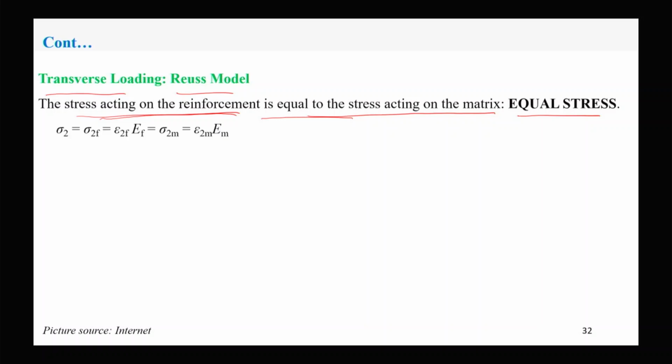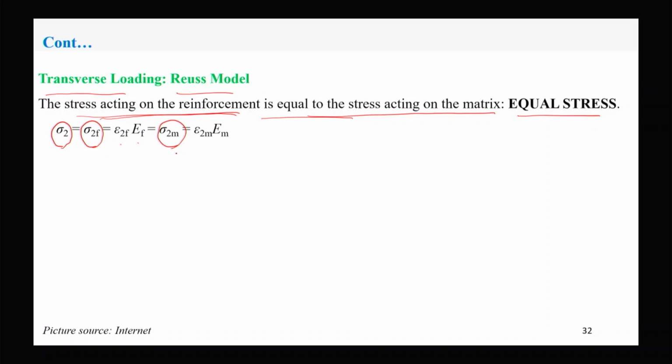So from this relationship we can know the stress on the composite equal to stress on fiber equal to stress on matrix. Stress on fiber is nothing but strain on fiber multiplied by modulus of fiber.